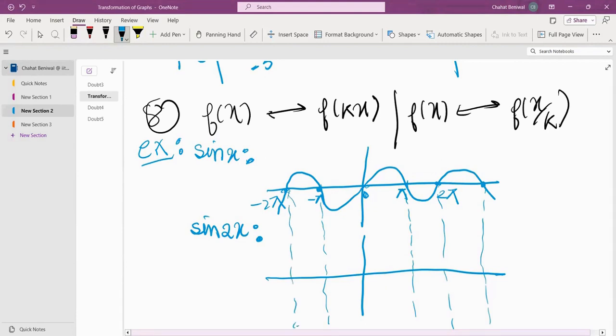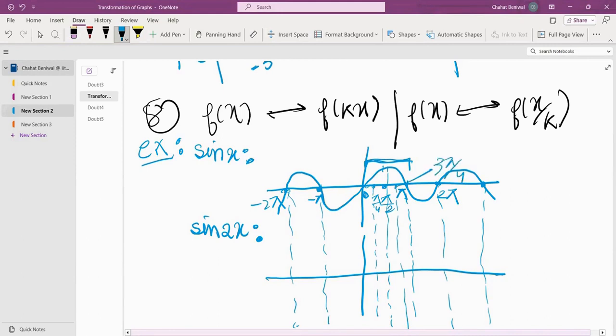Here we have somewhere pi by 2. I'm going to draw the graph of this particular segment and then we can repeat it. Somewhere there will be pi by 4 also. So let us put x equal to pi by 4 first. And here we'll have 3 pi by 4 also somewhere. Let me mark it here, 3 pi by 4.